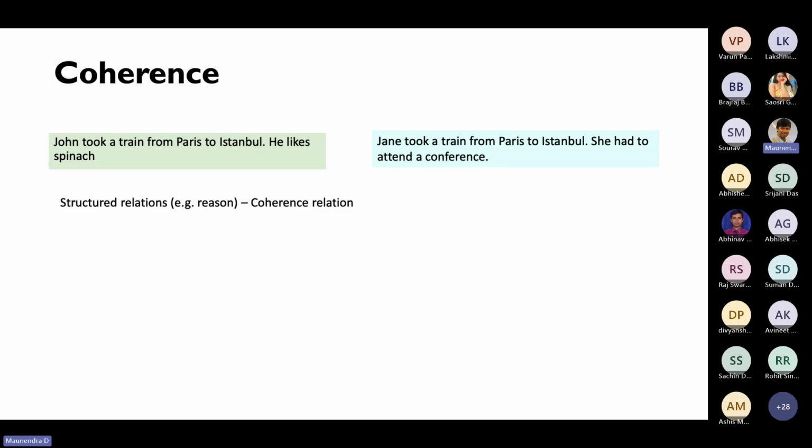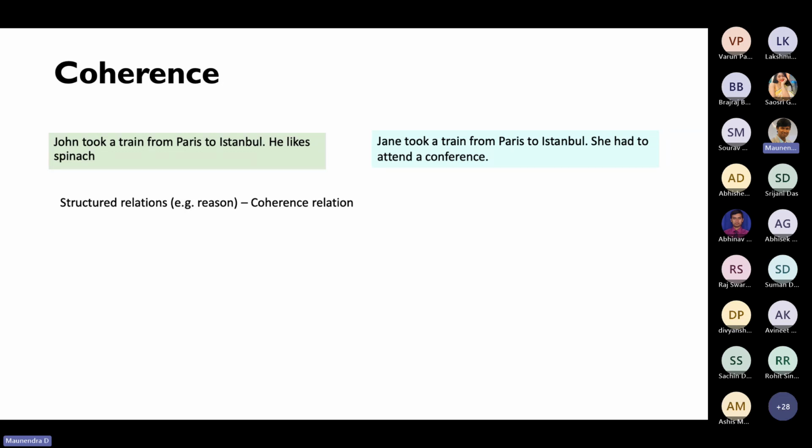Typically when we look at text, and by text I mean slightly longer text which can span multiple sentences, we expect there is some kind of relation among the different things being said in the text. This is referred to as coherence in the NLP community.